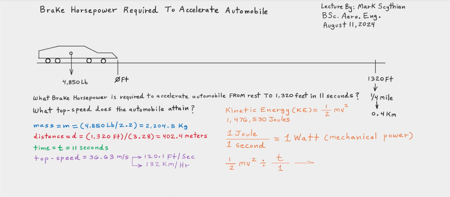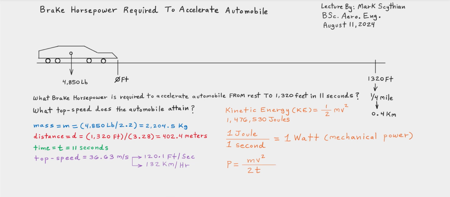Whenever we divide fractions, we have to find the reciprocal of the second fraction and multiply it times the first fraction. So this becomes 1/2 mass times velocity squared times 1 over t, which can be simplified into mv squared, mass times velocity squared, divided into 2t.